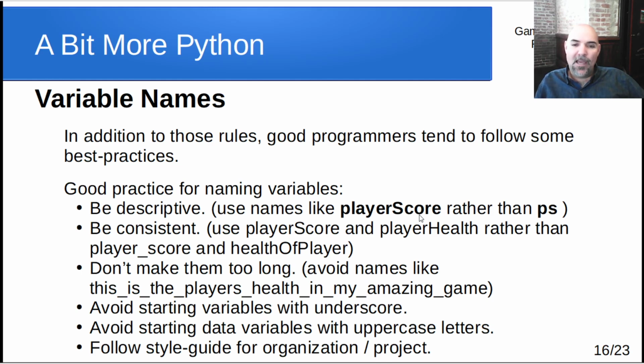But rather than using L and PS and PH and PP and XX and IJK and QWERTY, try to avoid throwaway variable names like that and use something more descriptive. The only case where I'd say it's okay to use a throwaway variable name is if you have something that's counting through things, maybe use i.